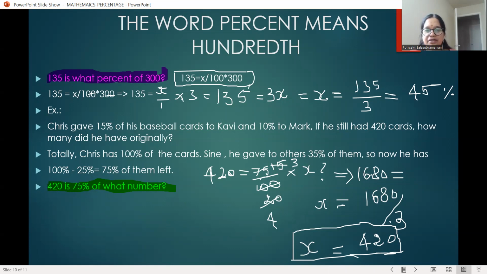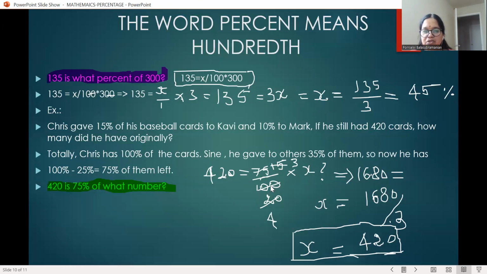So 420 is equal to, he has 75% of cards in his hand. So 420 is equal to, you write 75% in the fraction form, 75 divided by 100 multiplied by x, the unknown value. We need to find out the value of x.